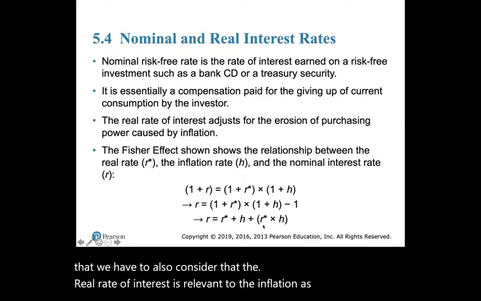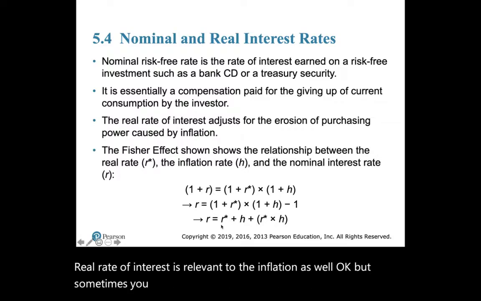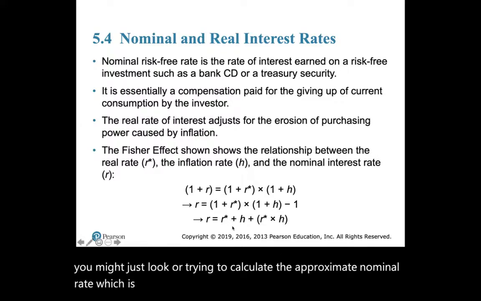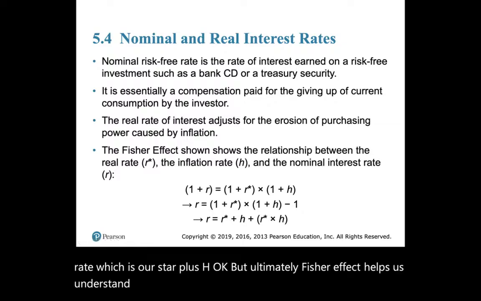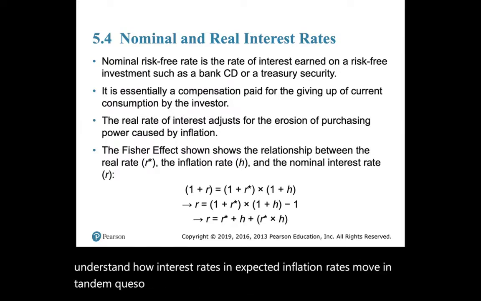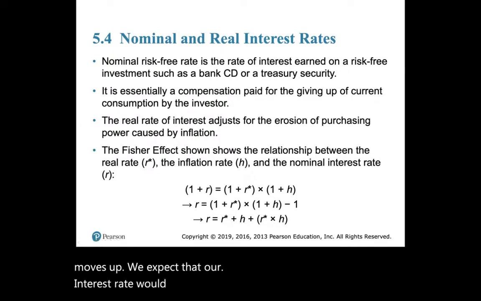Sometimes you might just be trying to calculate the approximate nominal rate, which is just R star plus H. But ultimately, the Fisher effect helps us understand how interest rates and expected inflation rates move in tandem. So if the inflation rate moves up, we expect that our interest rate would also increase.